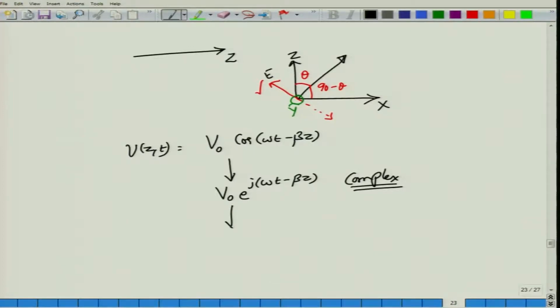To go to the phasor domain, I need to drop this factor e power j omega t so as to obtain V0 e power minus j beta z. I can rewrite this e power minus j beta z as e power minus j beta z-hat dot z z-hat, where z is the coordinate value and z-hat is the unit vector along the z axis.